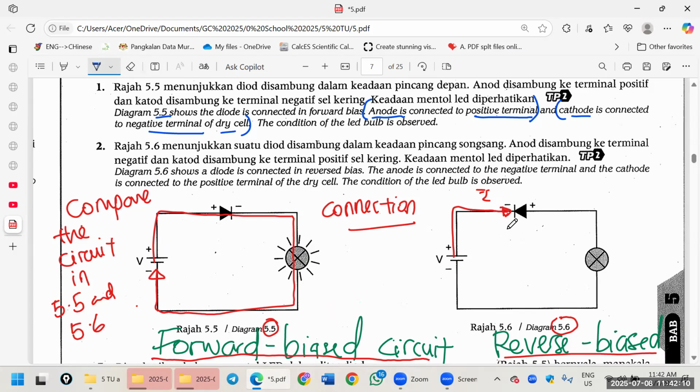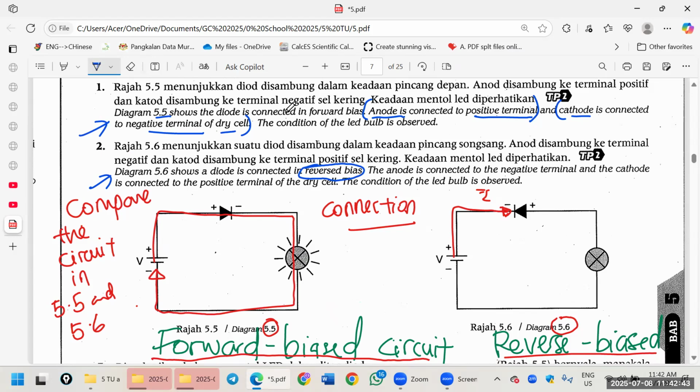So now I want you to tell me how the connection is in reverse bias. Use number 1 and number 2. Tell me how is the connection of reverse bias. I'm asking reverse bias now.